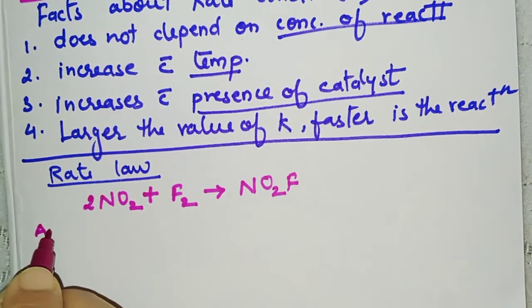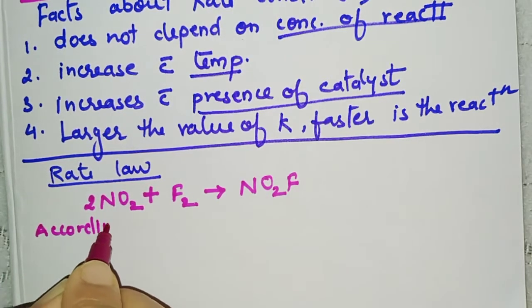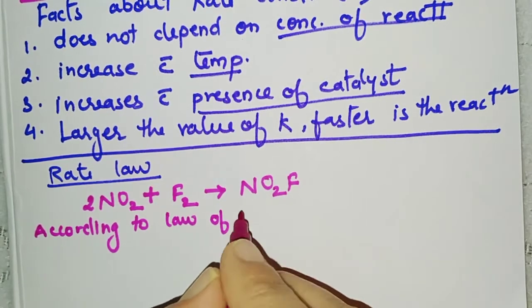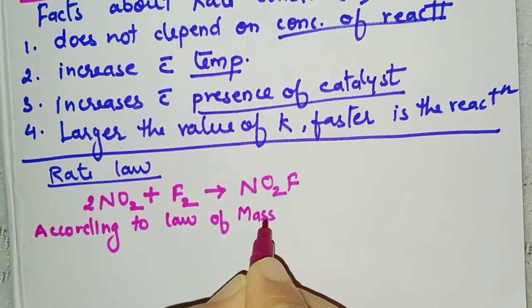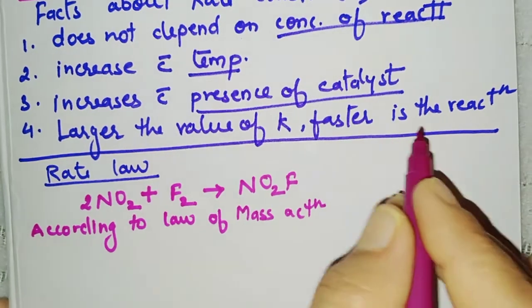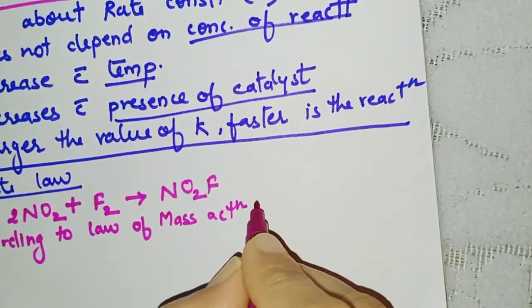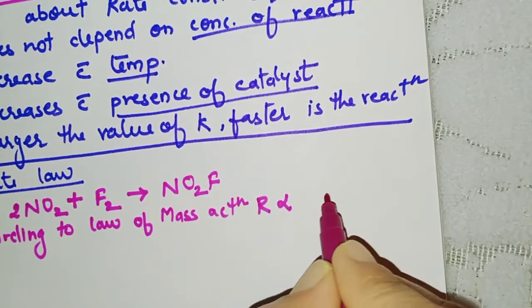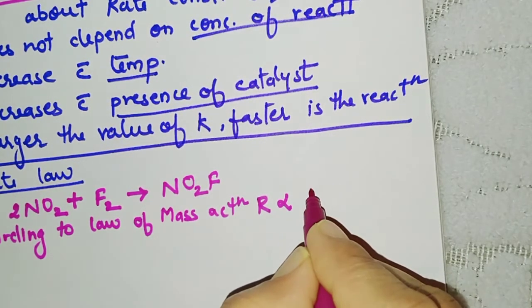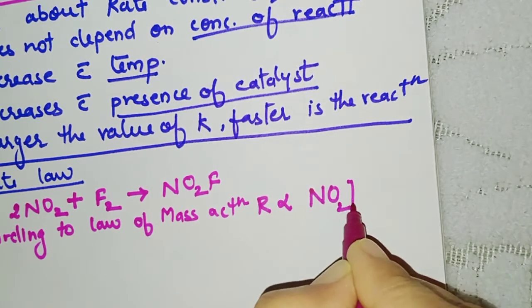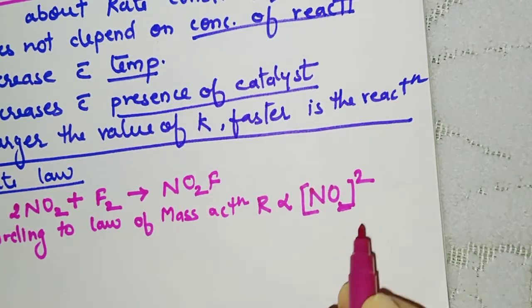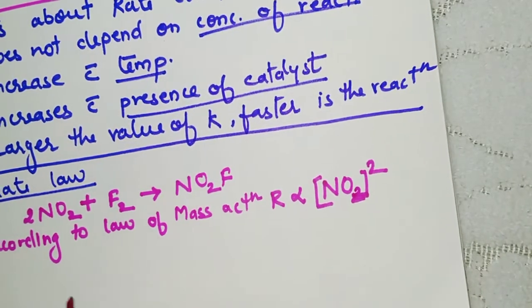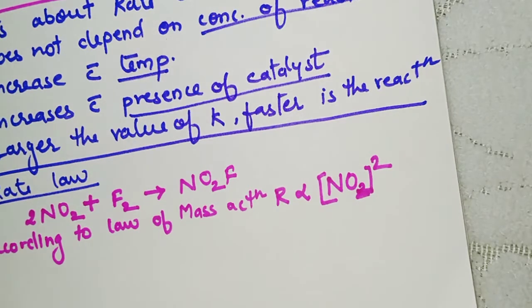According to the law of mass action, the rate of reaction should be proportional to this, but it was not found to be so.